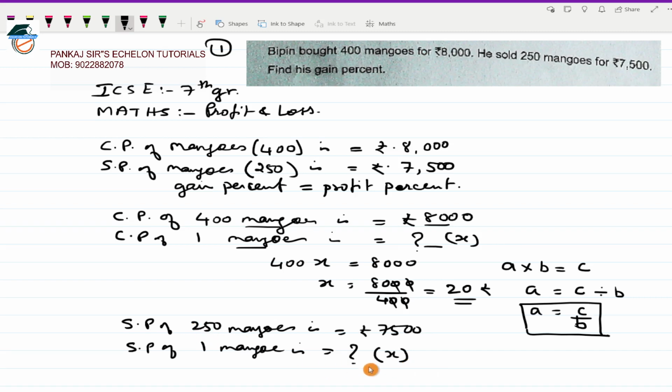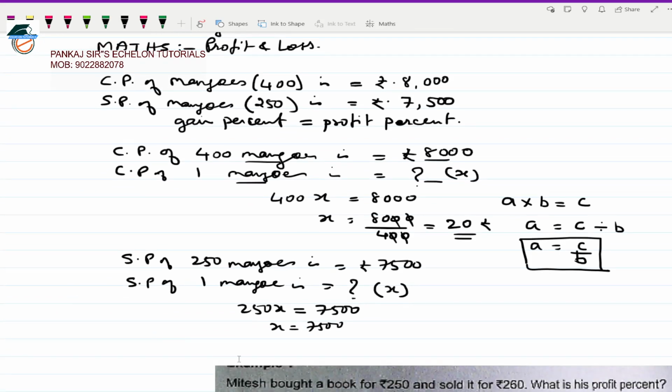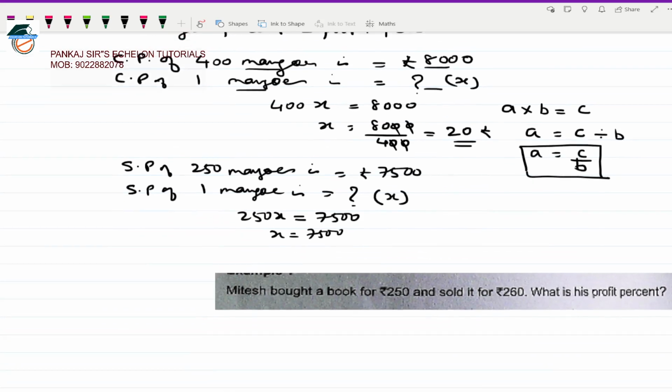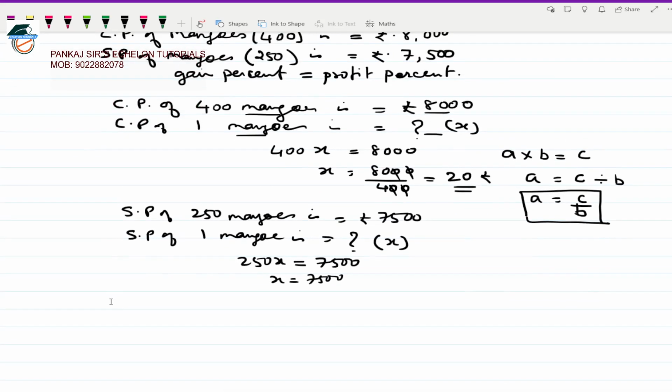Now as usual you have to cross multiply. So 250 into X will be 250X equal to 1 times 7,500 will be 7,500. Now same way X will be equal to 7,500 divided by 250.